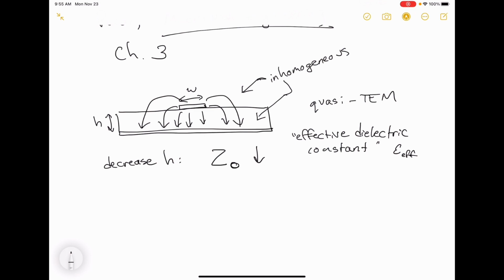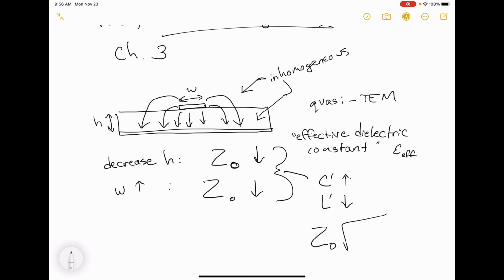If you increase the width, the characteristic impedance goes down. In both of these cases, what you're doing is increasing the capacitance per unit length and decreasing the inductance per unit length. And since the characteristic impedance is the square root of L prime over C prime, that's what you get.